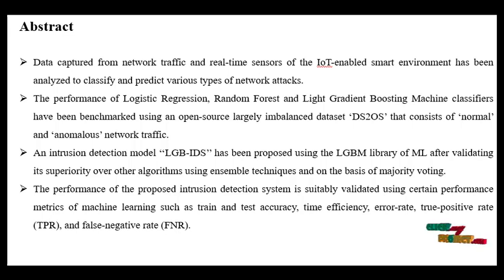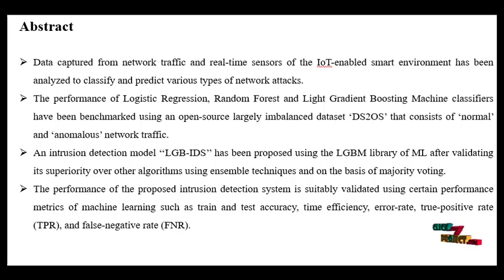In this project we are going to classify the dataset using a light gradient boosting machine algorithm and a random forest algorithm. Random forest gives less accuracy, so we are going to predict the result using the light gradient boosting machine algorithm.